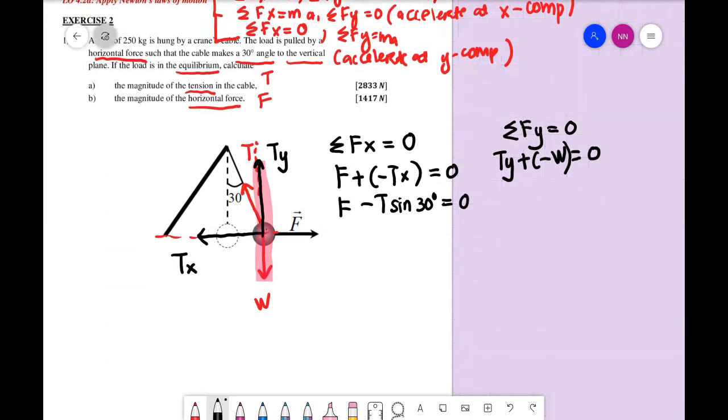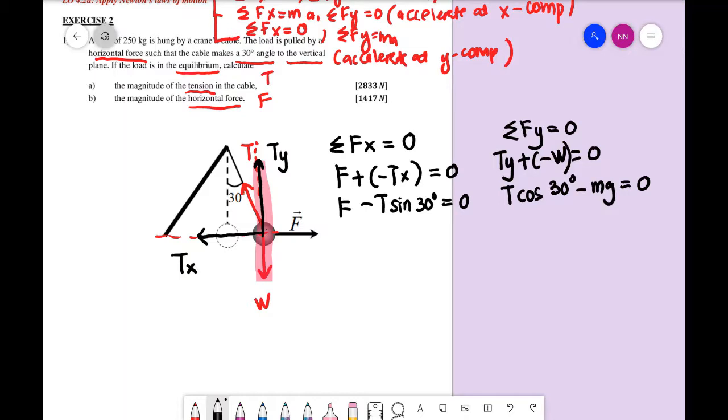Okay, simplify. Ty is T cos theta, T cos 30 degree, because we relate Ty with T and angle theta. Minus weight, which equals mg, equals to 0.